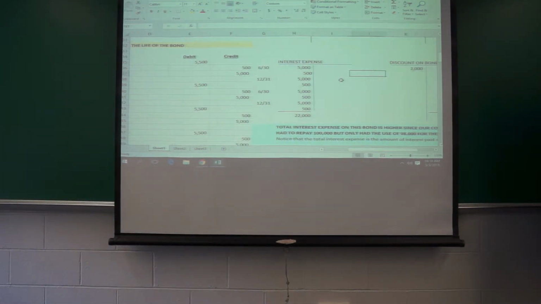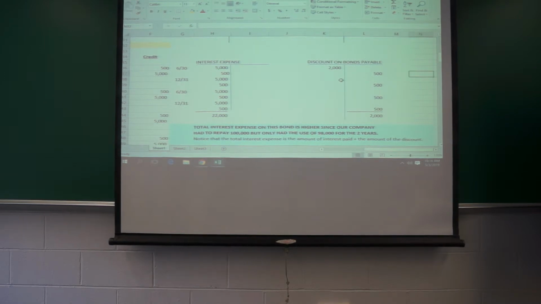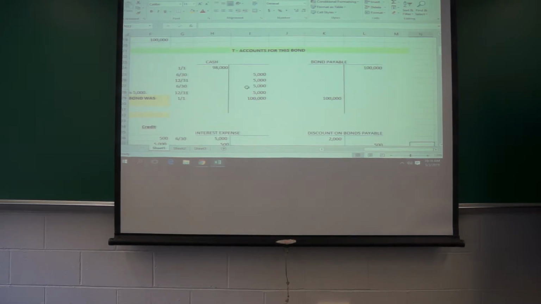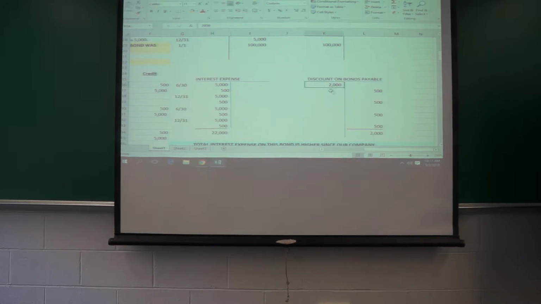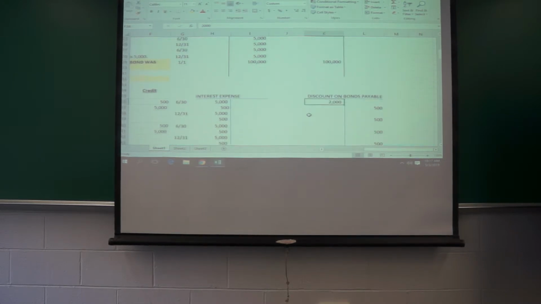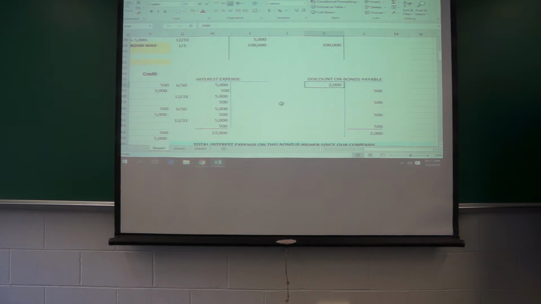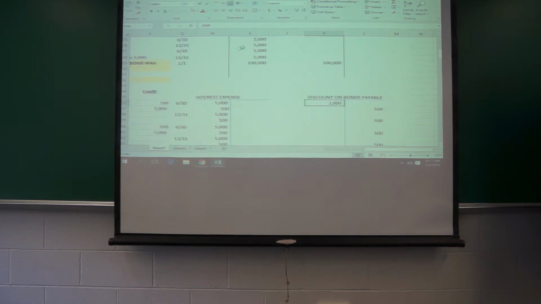I think that's easier to look at on the T accounts. So here, this is the cash flows associated with the bond, and those are exactly the same as, well, not exactly, you only got 98,000 here. So you start out with the bond payable, the cash, and you start out with a new account here, the discount on bonds payable. And so as we make each interest payment, we've got 5,000 is the cash that's paid out.